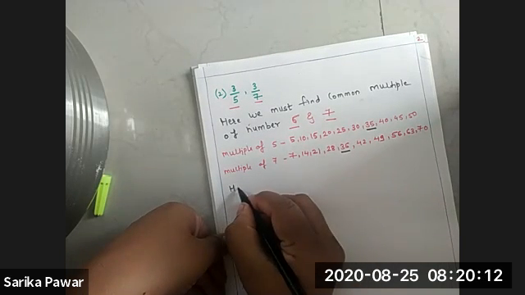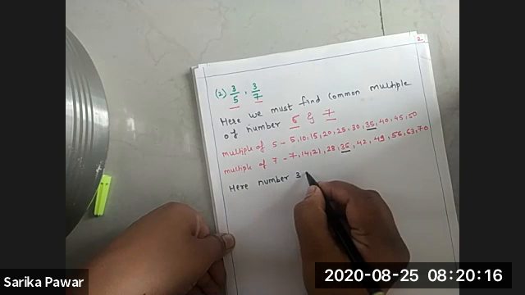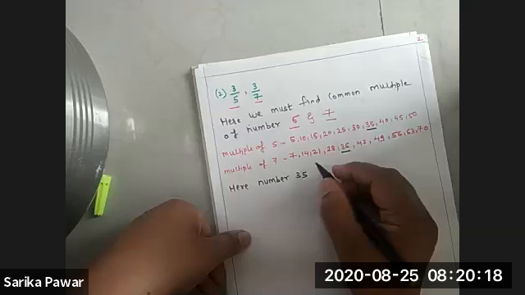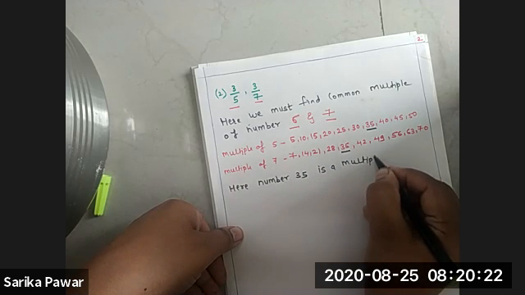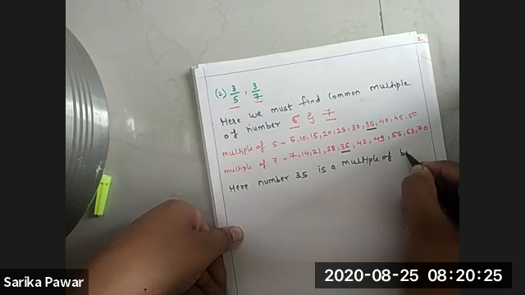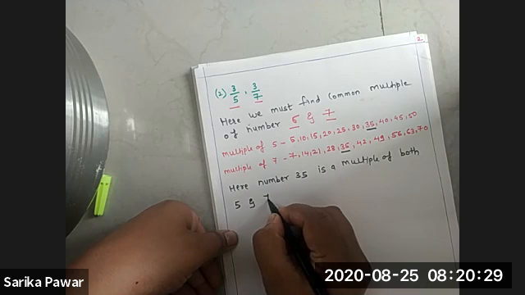Here, the number 35 is a multiple of both, that is 5 and 7.